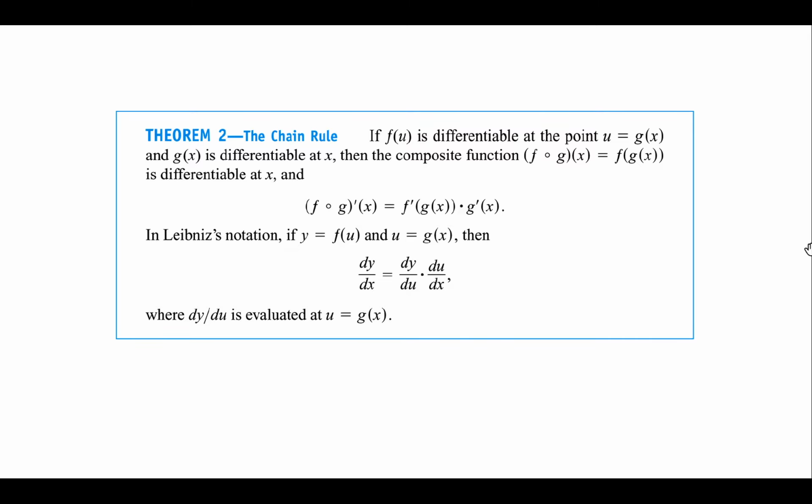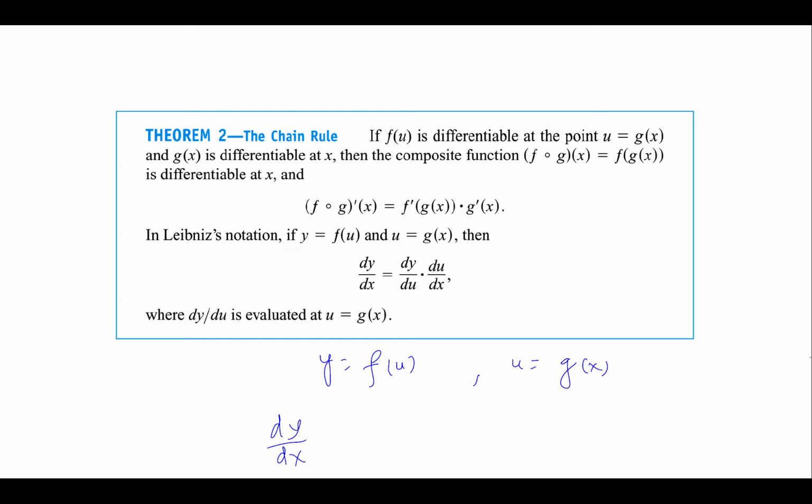Let's say y is a function of u, but u is also a function of another variable x, and we're interested in finding the derivative of y with respect to x.